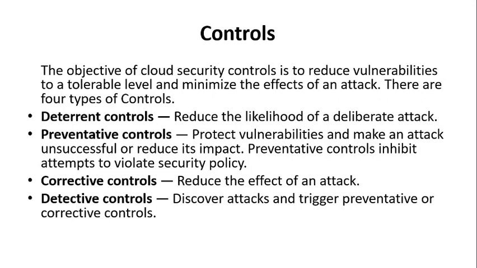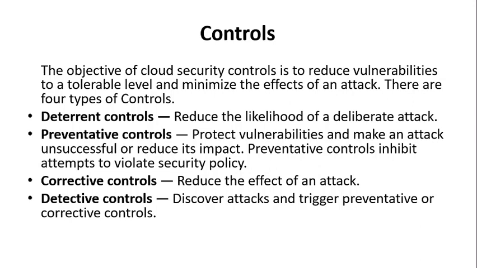So we have to apply a proper security control mechanism to protect the user's data and also the cloud servers. There are four types of controls we can observe in this concept. The first one is deterrent controls.